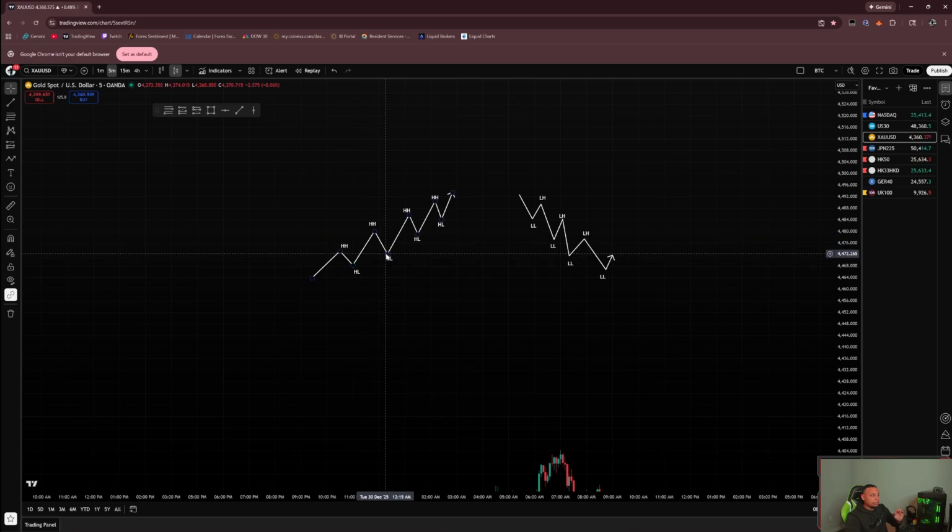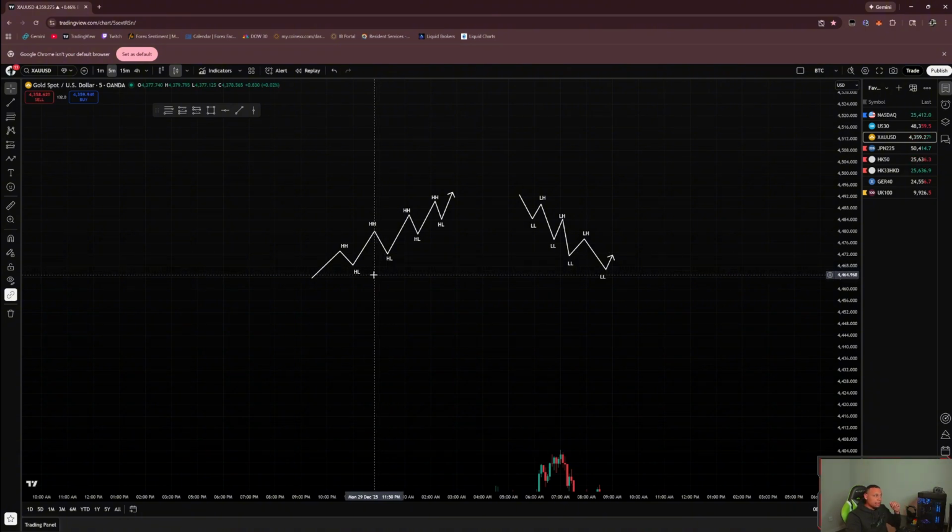This higher low is higher than this previous higher low here, and so on and so forth. We have another higher high, we have another higher low, we have another higher high, we have another higher low. So this is considered an uptrend. With this being an uptrend, we want to look for long or buy positions going with the uptrend.